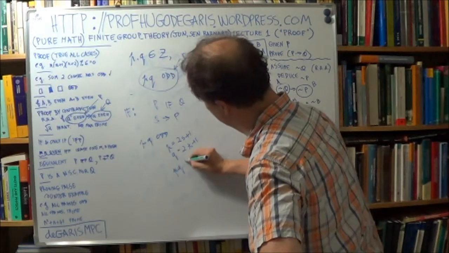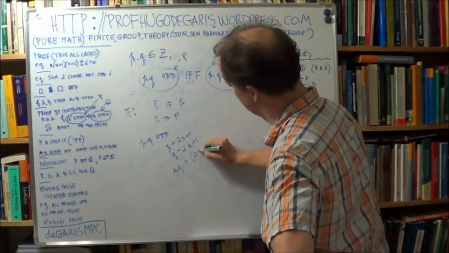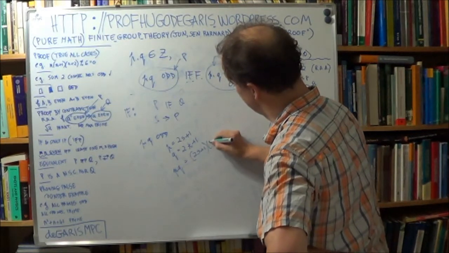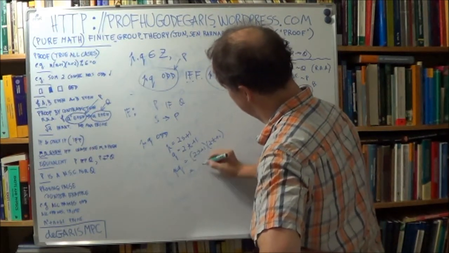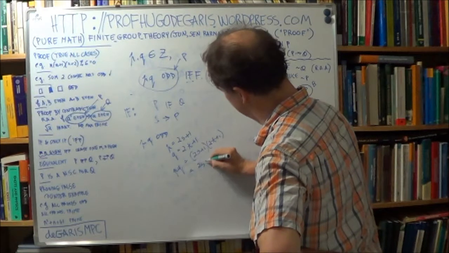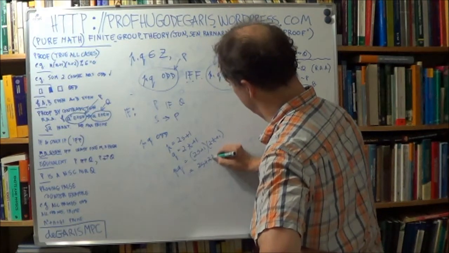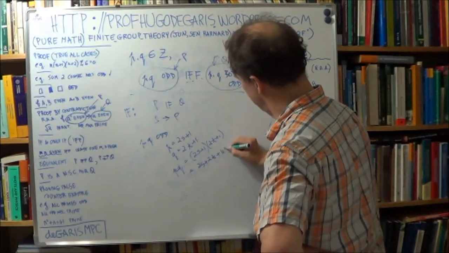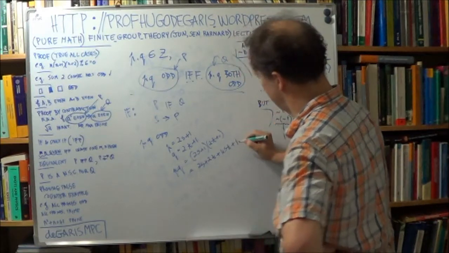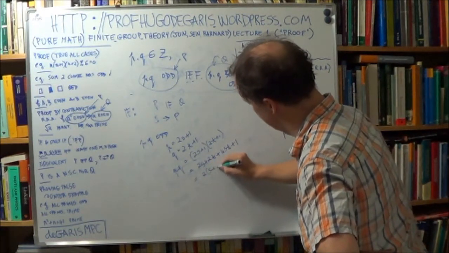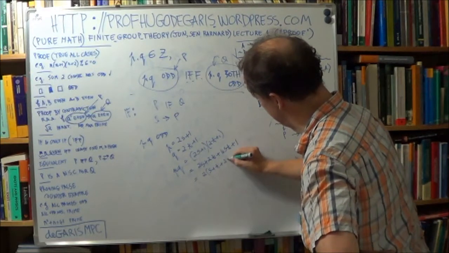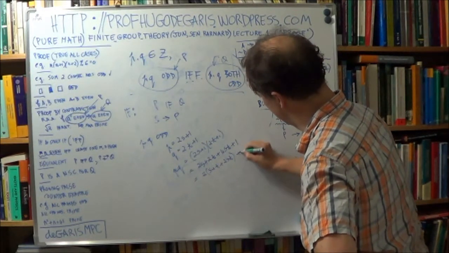Therefore PQ is the product of these two: 2s plus 1 times 2t plus 1. And that is 2st times 2, that is 4st, plus 2s plus 2t plus 1. Right? And that's 2 times (s plus t plus 2st), plus 1.